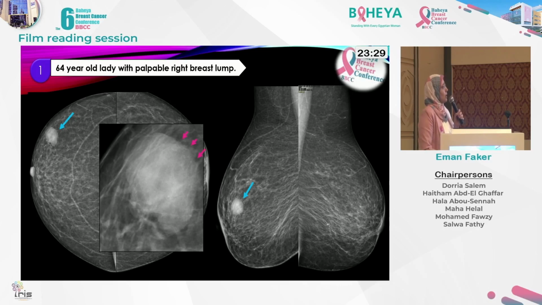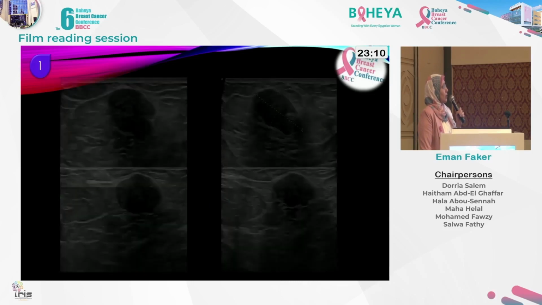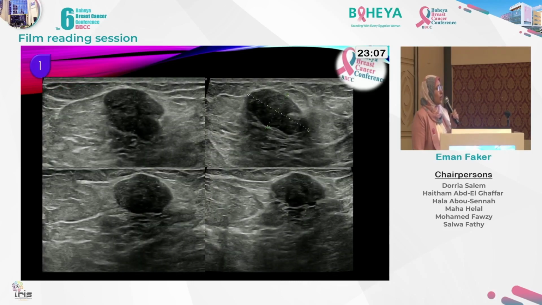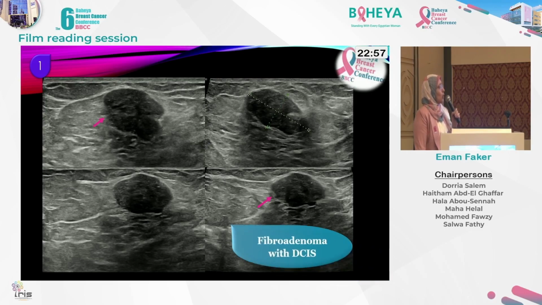But you can see here the irregular margin of the posterior aspect of the lesion, which led us to upgrade the BI-RADS of this lesion and ask for biopsy. The ultrasound also shows a well-defined lesion with lobulated margin, but we can see the irregularity in this aspect. It turned out after the biopsy to be a fibroadenoma with DCIS.